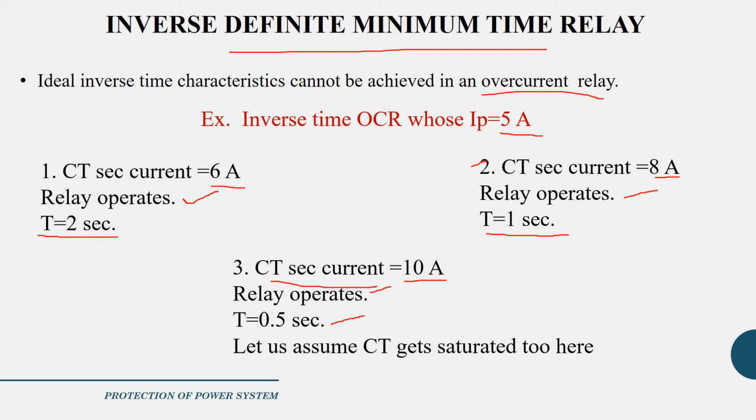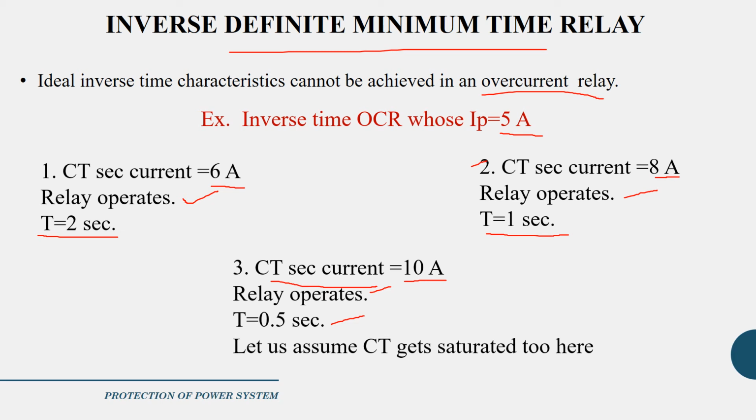Let us assume that when the CT secondary current is 10 ampere, the CT has saturated. As the system current increases, the CT secondary would normally increase proportionally, but when the CT has become saturated, there is no further proportional increase in the CT secondary current with the increased system current.